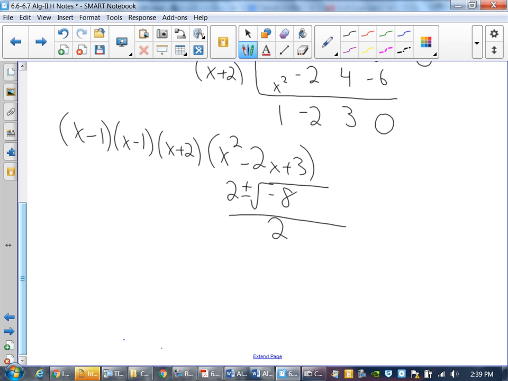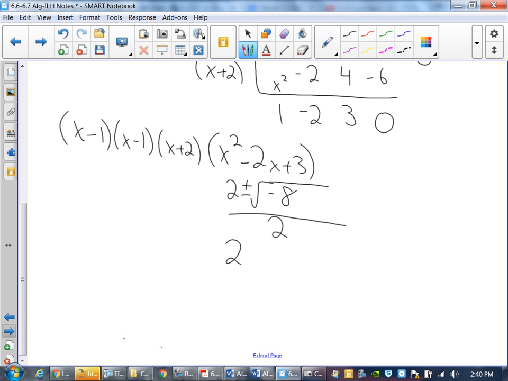Not yet, we can't do that because you have addition between. Give me a sec. So here you get 2 plus or minus 2i root 2 all over 2. We okay with that? The reason why I can't just do that is because of the addition. But aren't all of these even?